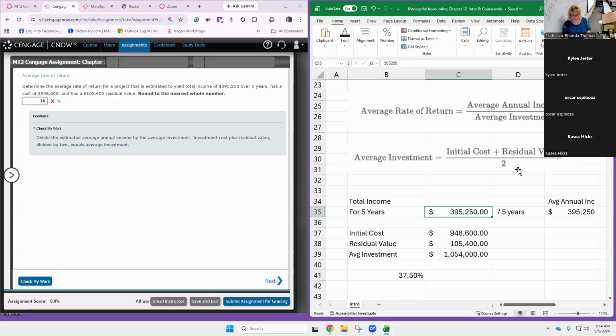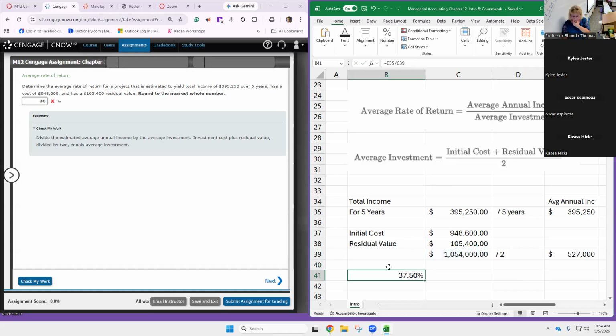I forgot to divide by 2 right here. So I will put dividing by 2. There's one more piece to that denominator that I didn't complete. So we would take this and divide by 2, and then we'll get the average investment.